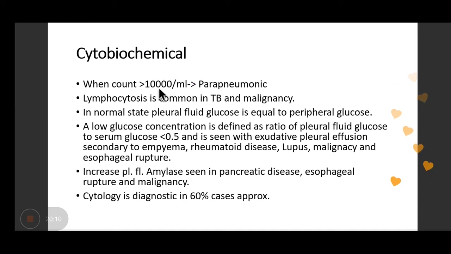When you carry out the TLC and the DLC, the TLC is very much raised. When you carry out the DLC, that is the differential, you look for three things. First, whether there is lymphocytosis; second, whether there is neutrophilia; or thirdly, whether you are finding any large atypical malignant cells.